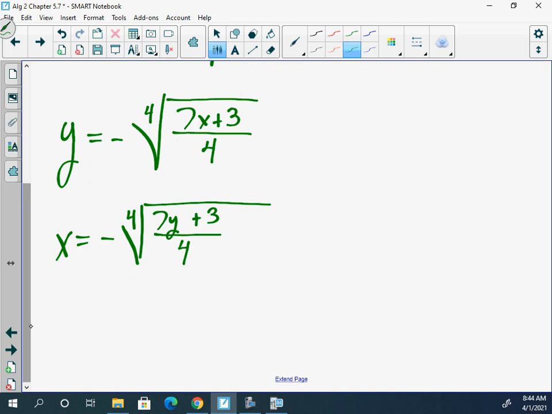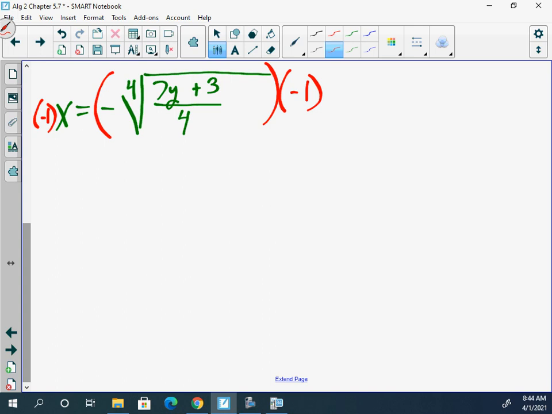Now the negative, we can divide, let's multiply both sides by -1. Because it's going to be good to get this to be positive, because that would give us negative x.